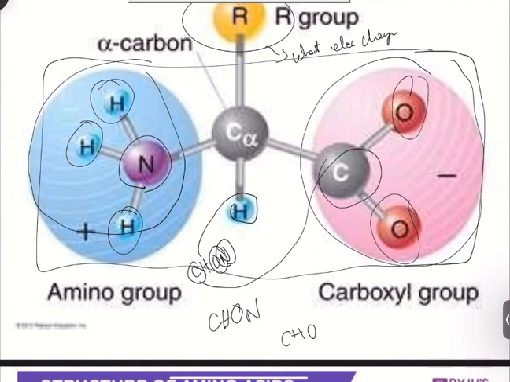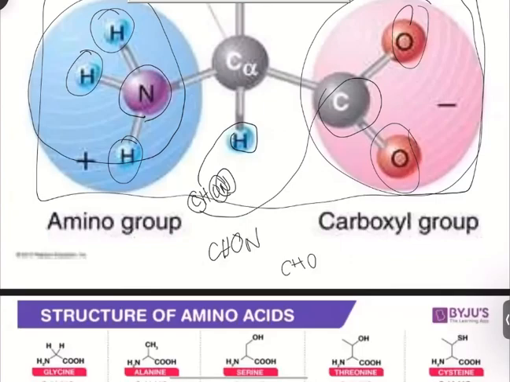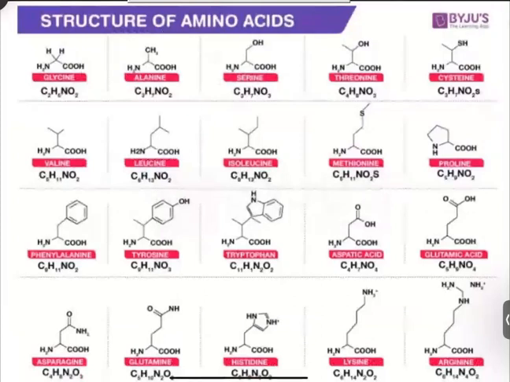Okay, as for the structures of amino acid, now you have this as a reference guide. You have these primary amino acids that can build up your proteins. As you can see there, they're always present, CHON, in the formula given.